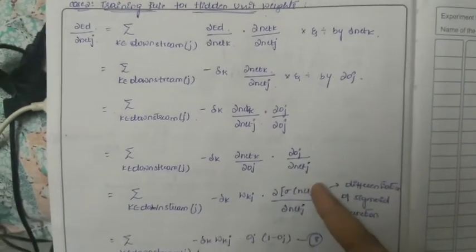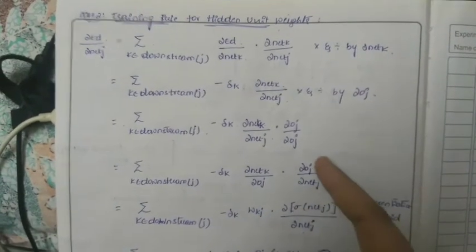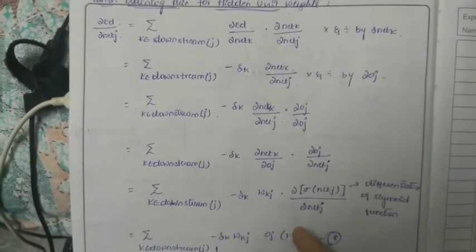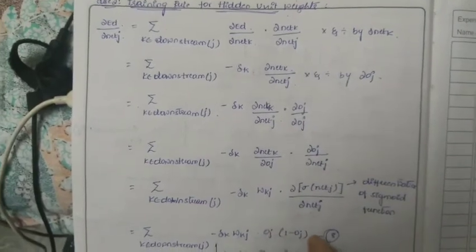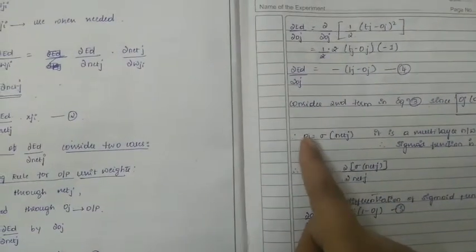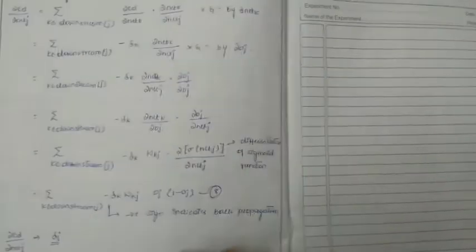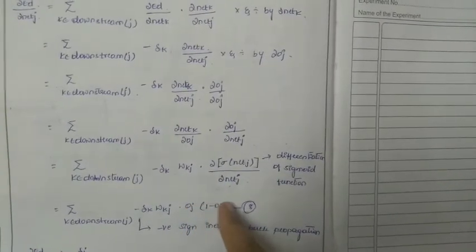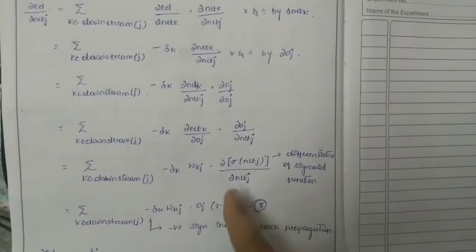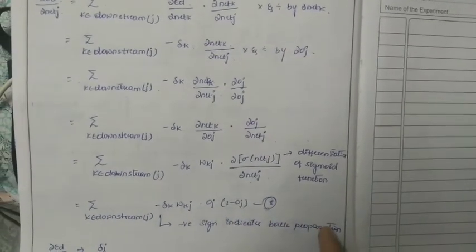Here, in place of y, we have net j, and net j is influenced by Oj. That's why I have written Oj into 1 minus Oj. Why? Because we know that Oj equals the sigmoid of net j. The negative sign here just indicates that it is backpropagation.